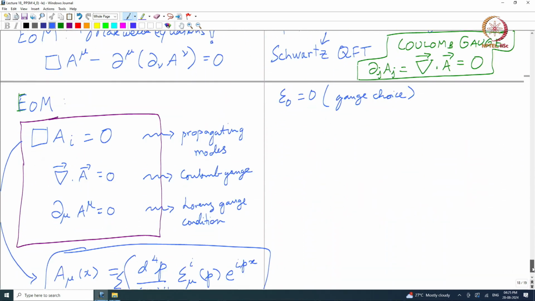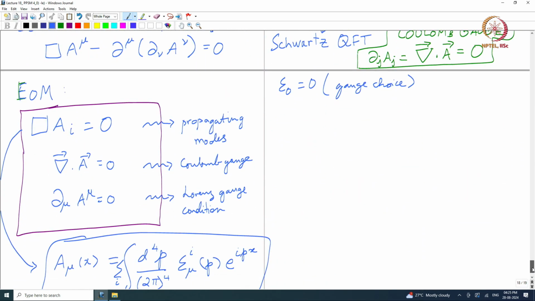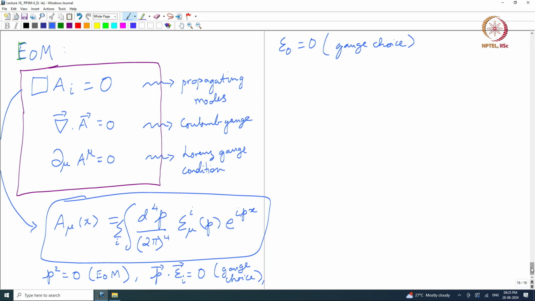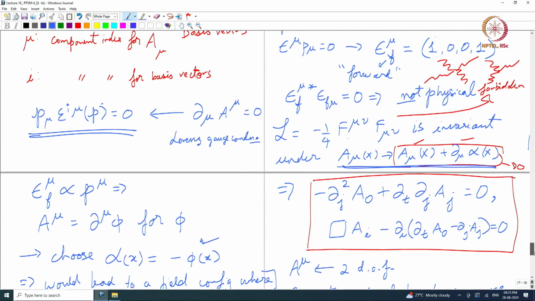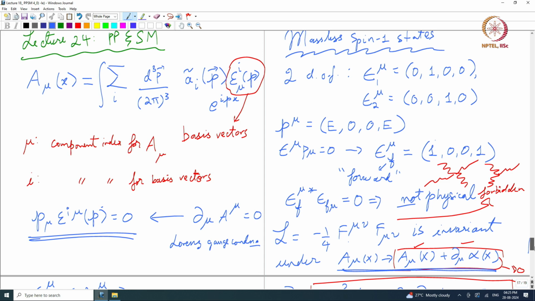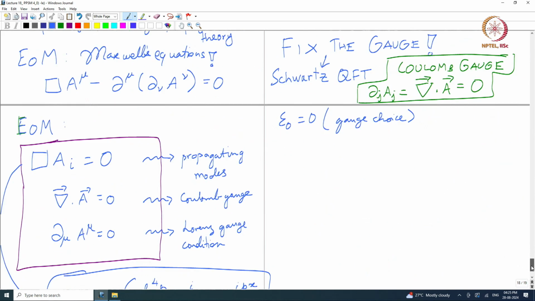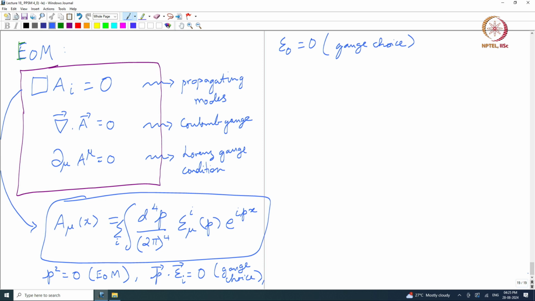So that is not happening already, all of this is consistent, good. And of course the epsilon 1 and epsilon 2 will fall out of the equation of motion, these 2, okay.